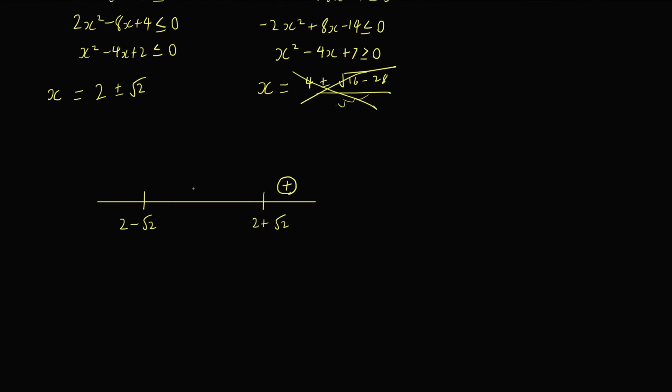Let's choose another number here. That'll be negative. You substitute a number in there. Again, that's negative. If you just put in 2, that would be negative. If you put a number outside here, this would be positive.